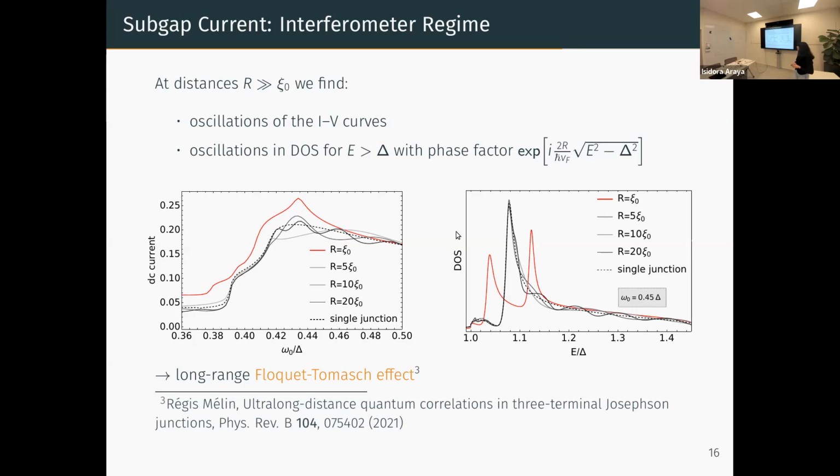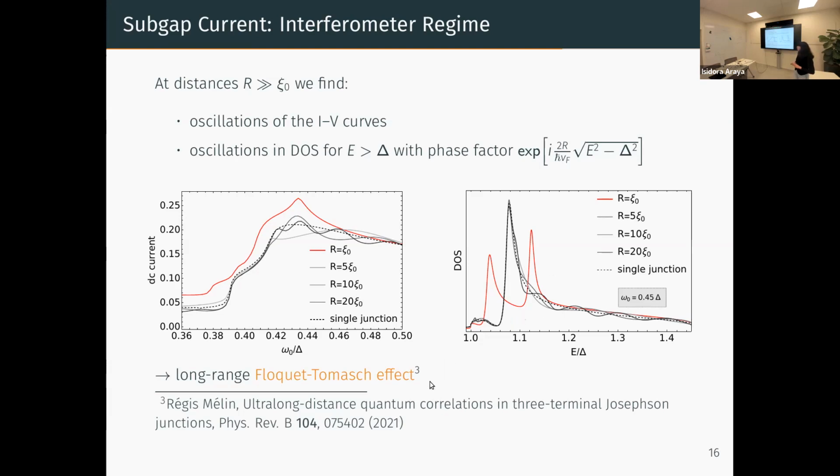The same kind of oscillations happen in the density of states above the gap, which I plot here on the right. I can find the phase factor responsible for these oscillations has this kind of dependence, and this is reminiscent of a kind of forgotten effect called the Tomasch effect, which I will talk about a bit later.